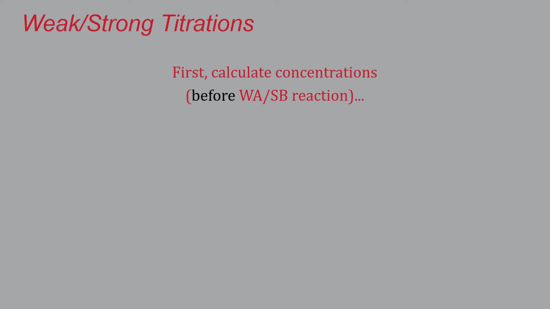So first, let's calculate the new concentrations of the acid before the reaction. This is a setup very similar to what we did with the base, as far as making a reaction table. But first let's get the amounts that we have here. We had 100 milliliters, or 0.1 liters, of the acetic acid at 0.5 moles per liter.